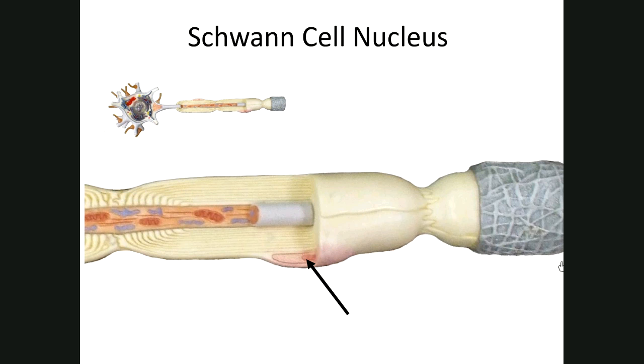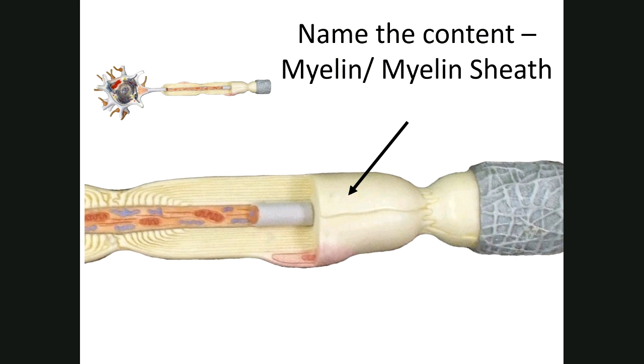All right, and then you look at this one here. Again, it's pointing to the Schwann cell, so this is going to be a specific question. If it says name the cell, then name the cell. But if it doesn't say that, then you can say myelin or myelin sheath, unless the question asks for something different. If it's pointing right to this and doesn't ask anything specific, I will accept myelin sheath or Schwann cell.